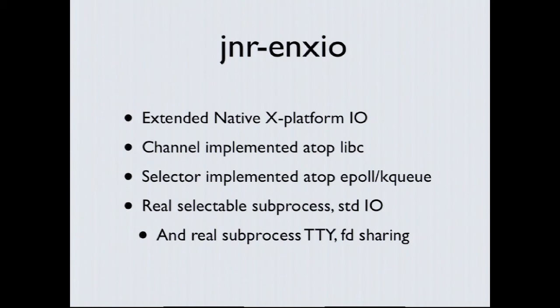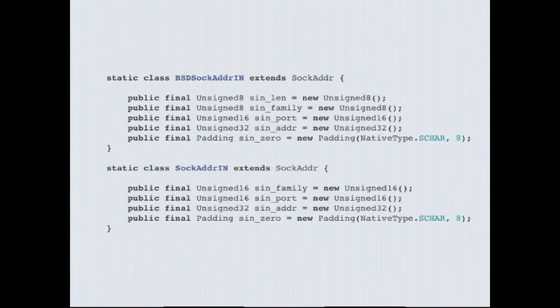It's using the actual raw kqueue or epoll selector implementations, and it's dealing with raw file descriptors at the native level. So what you can't get with NIO, like selectable standard I/O, selectable process I/O, we can do with this. And if we can get the file descriptor for standard in, if we just assume it's in the same place it always is, we actually can do selection on standard in, for example, which you can't do on the JVM normally. So, fun one.